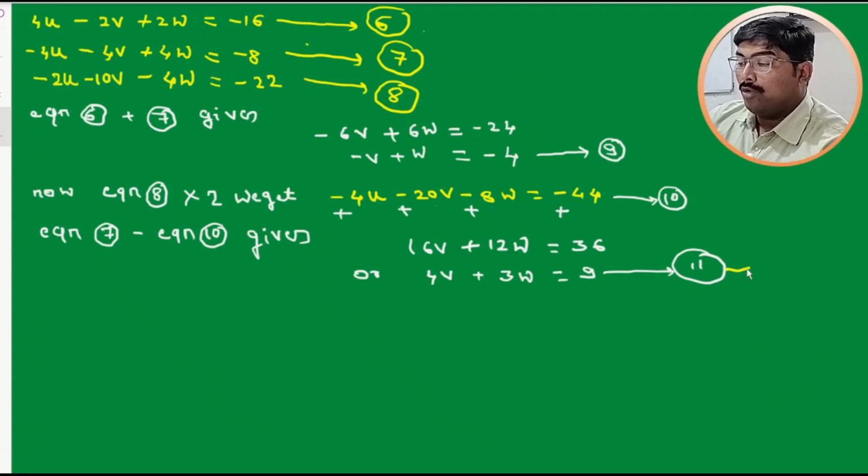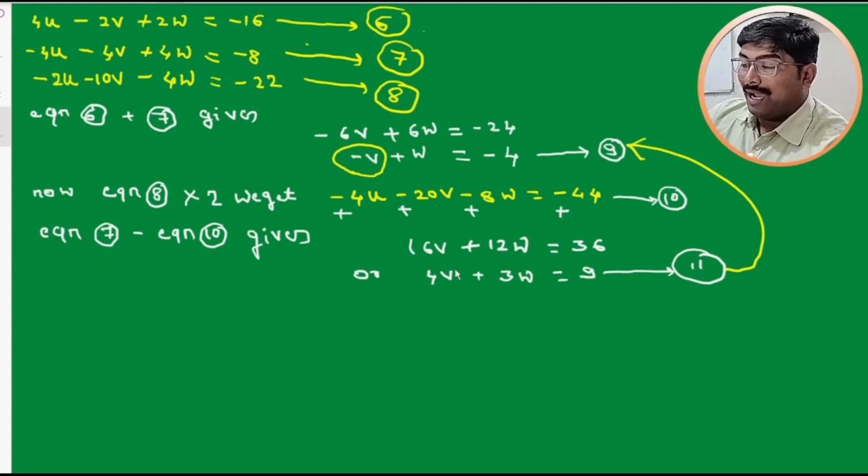Now you have to solve equation 11 and equation 9. In equation 9 we have first term minus v, and in equation 11 we have 4v. To make them the same, multiply equation 9 by 4.